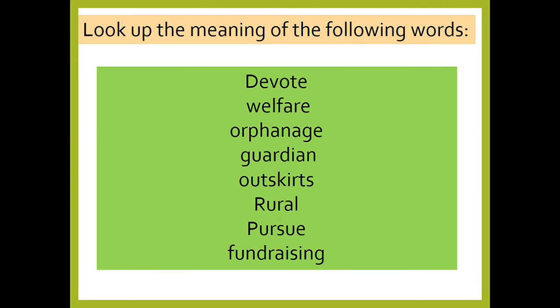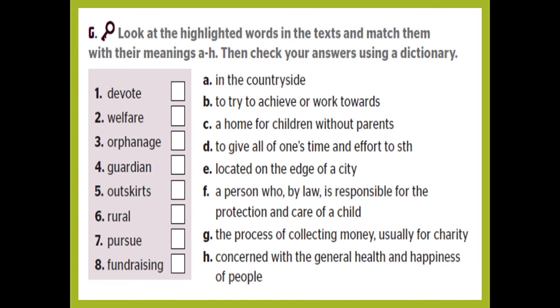Devote, welfare, orphanage, guardian, outskirts, ruler, pursuit, fundraising. Okay, now look at the highlighted words in the text and match them with their meaning from A to H. Then check your answer by using a dictionary, or you can use your own word list.